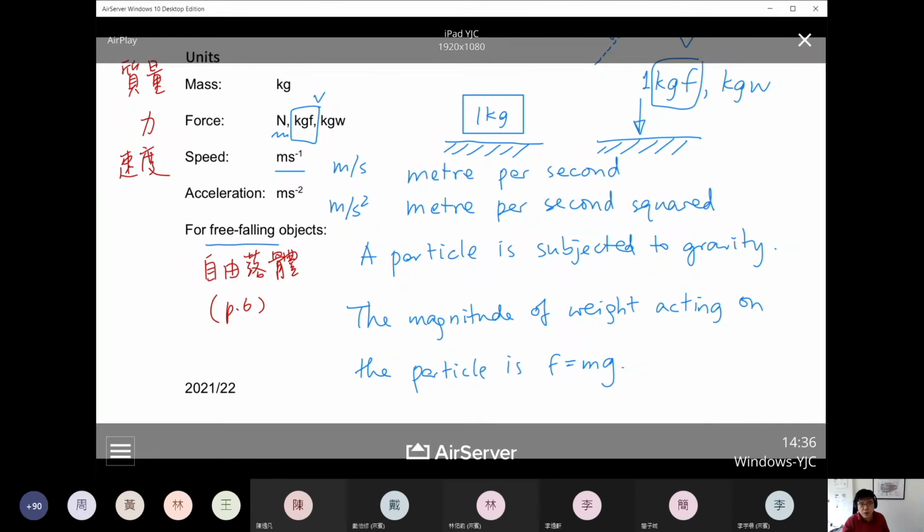I think we know what magnitude is. And what else?